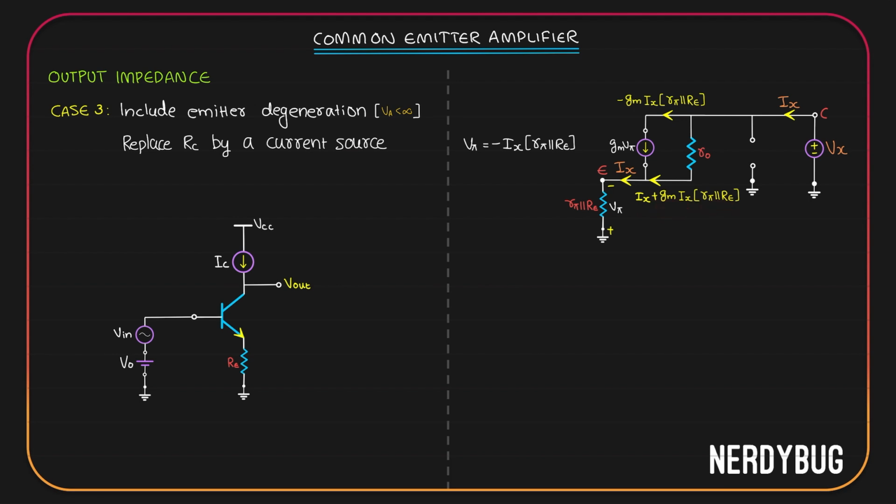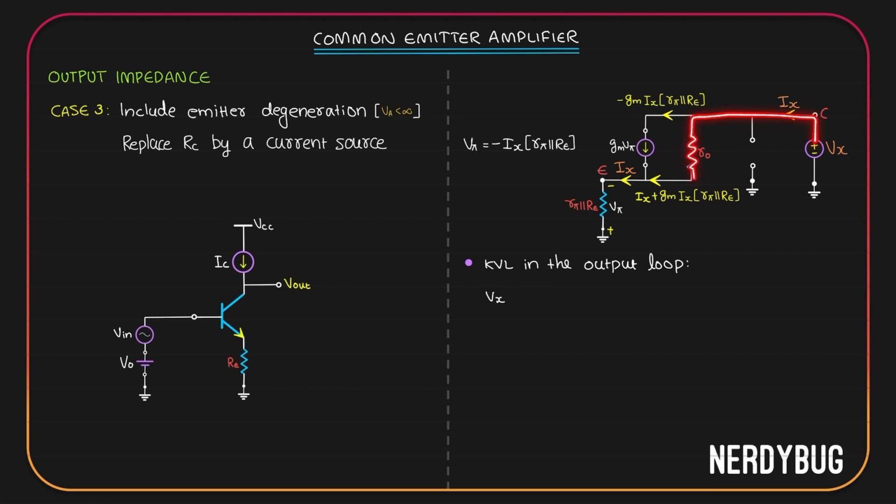Now that we have our simplified circuit, let us apply KVL in the output loop. I start from the ground, there is Vx, then I go through R0, I reach the emitter, I go to R pi parallel to Re and then I go back to ground. So first I have Vx from negative to positive. As I go on, I can see R0.